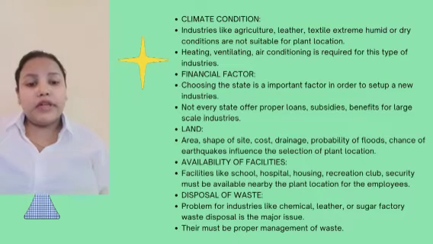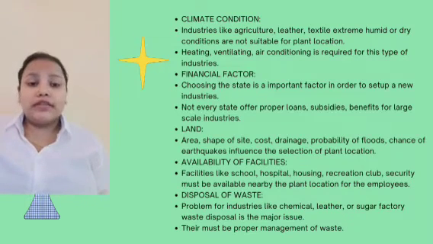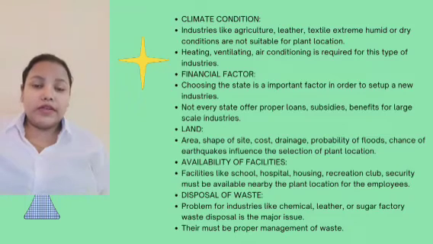The most important factor is disposal of waste. Every factory, like manufacturing industries, has a waste issue. For industries like chemical, leather, or sugar factories, waste disposal is the major issue.